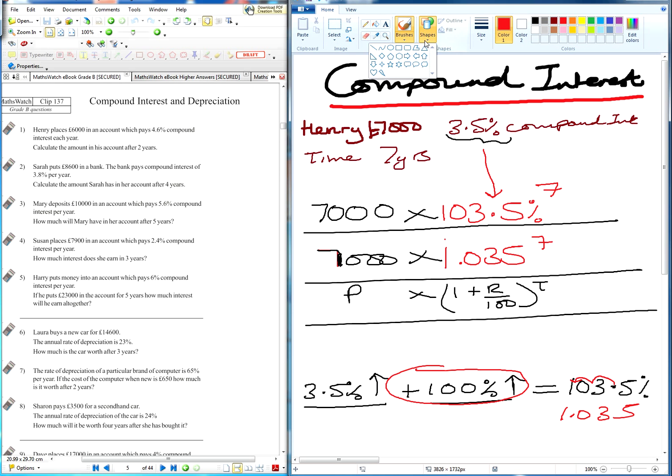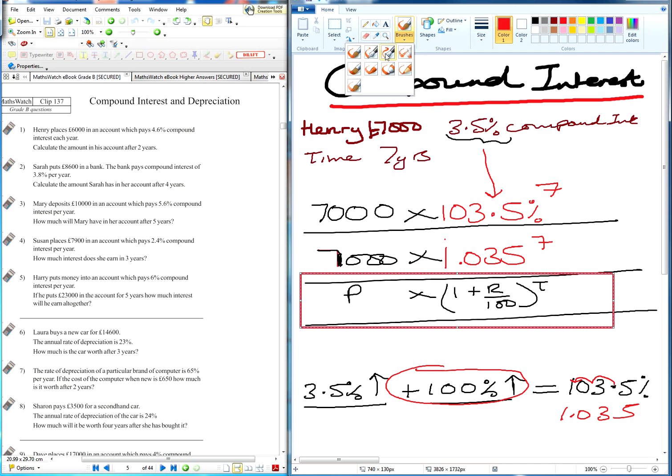Has everybody got that formula first of all? The principal amount times by 1 plus the rate of interest that they're charging divided by 100, to the power of t.